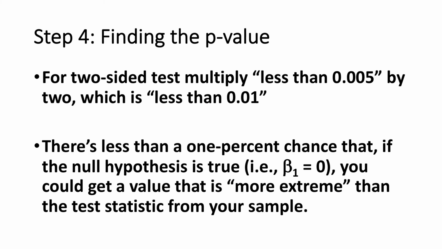This means that there's less than a 1% chance that if the null hypothesis is true, that is, if the time spent studying has no effect on your score, you could get a value that is more extreme than the test statistic of 8.11 that we got from our sample. With this p-value of less than 1%, or 0.01, there is very weak evidence in favor of the null hypothesis, which means that my claim is probably true.